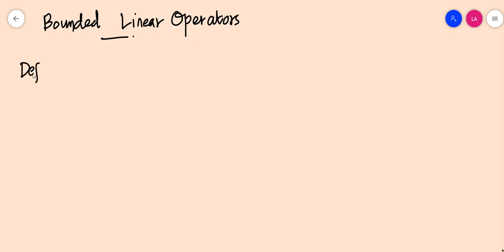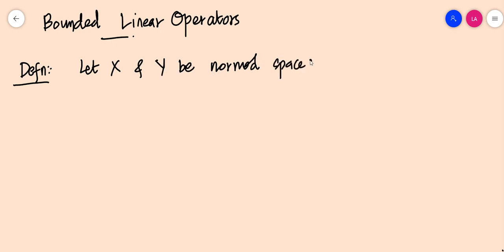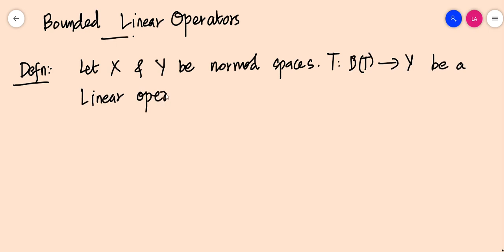The definition is: let capital X and capital Y be normed spaces, and let T from D(T) to Y be a linear operator, where D(T) is a subset of capital X.